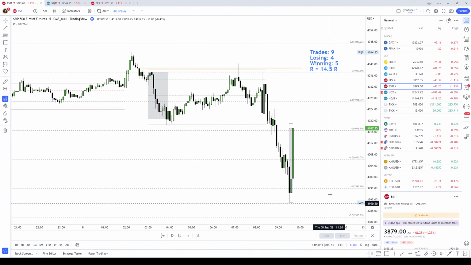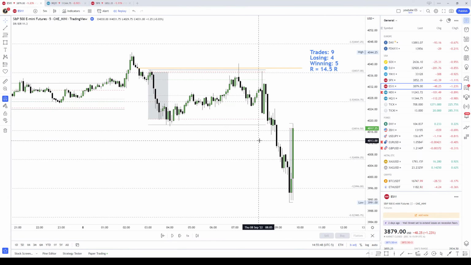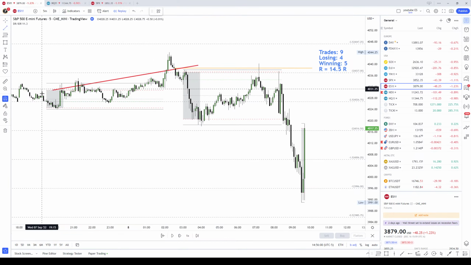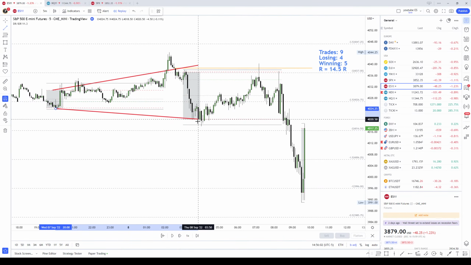So now we are in the IDR session. So now it's very important. So far, the ODR extends the range. So you see this kind of visual expansion.